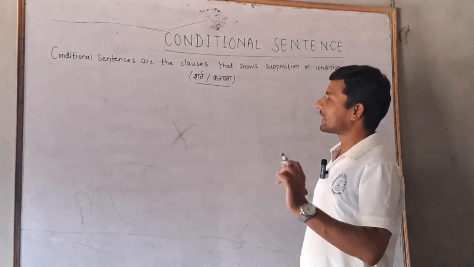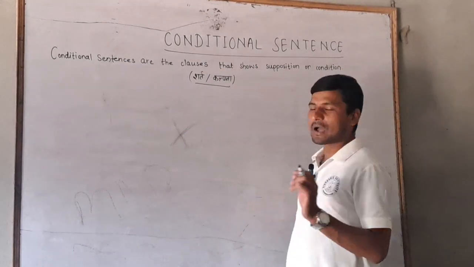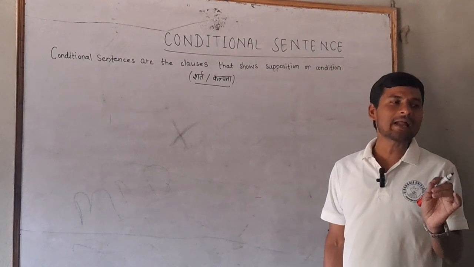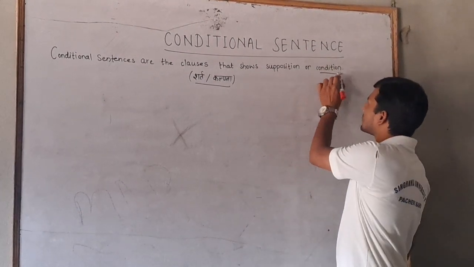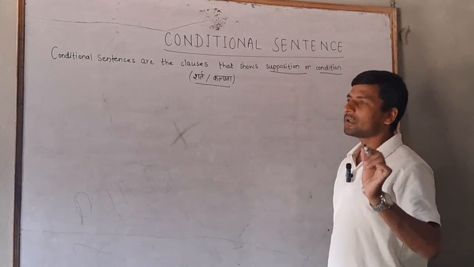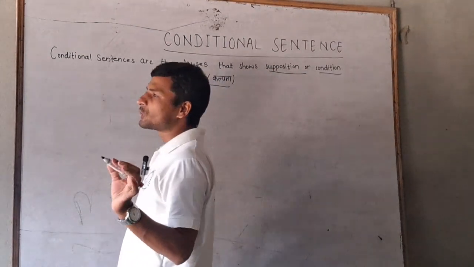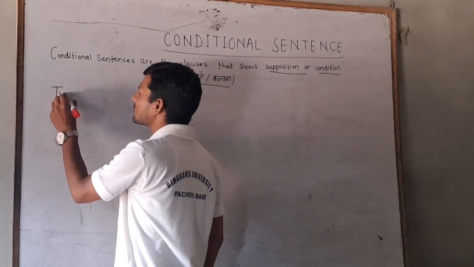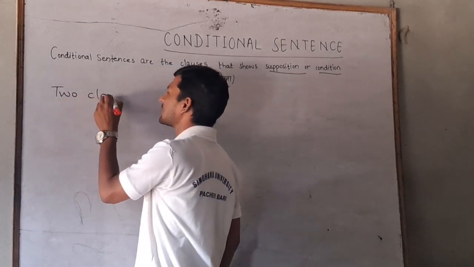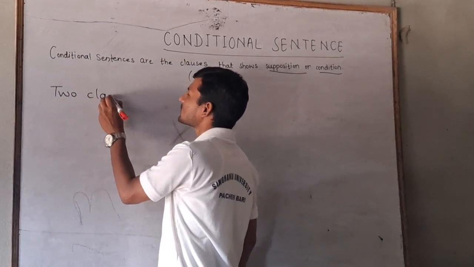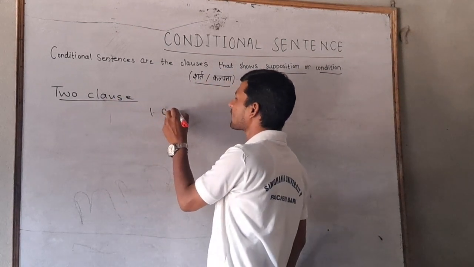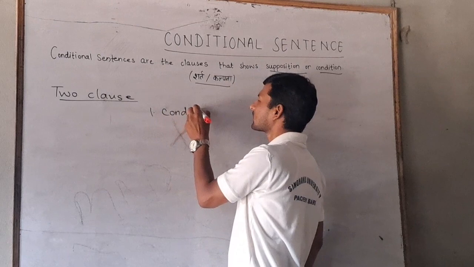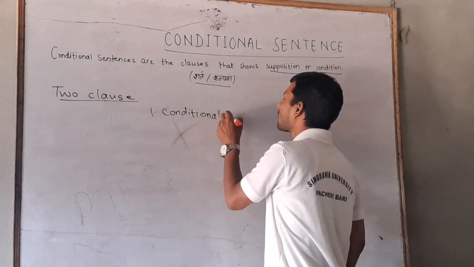Conditional sentences are the sentences or clauses that have two things, supposition or condition. In such types of sentences we have two clauses. The first clause is the conditional clause.